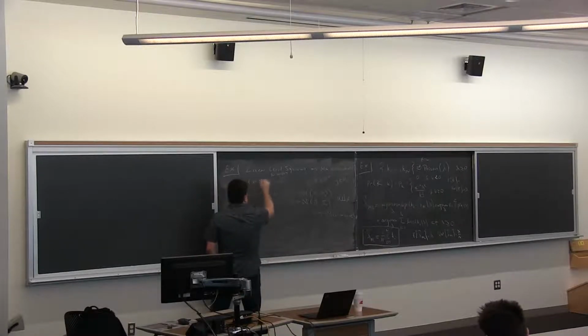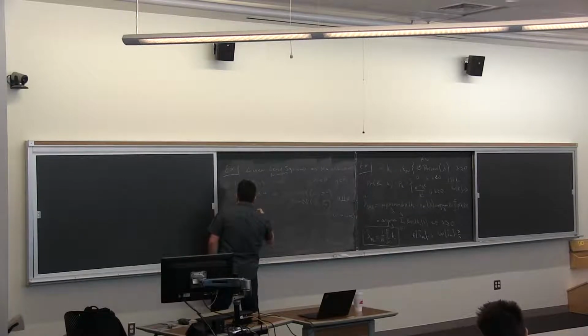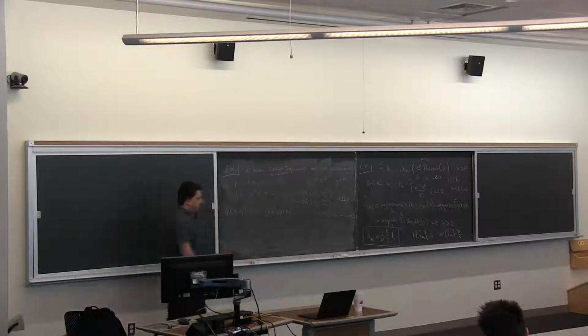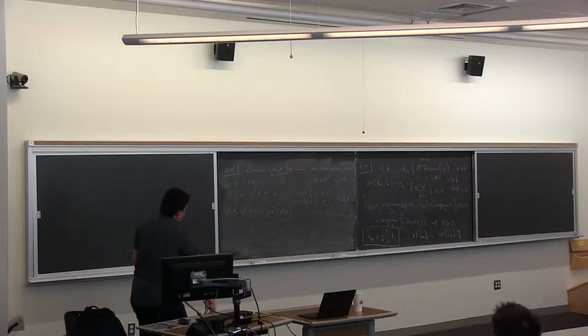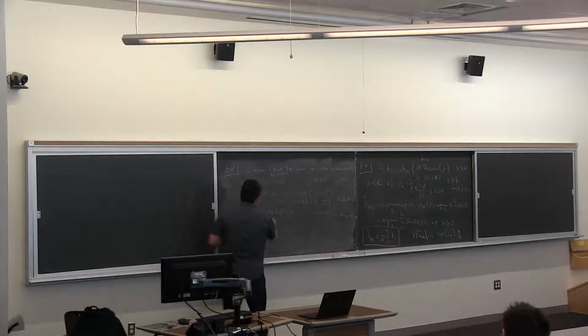Because that's a vector combining both x and y. So I need the joint likelihood. So from Bayes' rule, the joint of xy is the conditional of y given x, right, times the marginal of x. Okay, and these are both Gaussians.